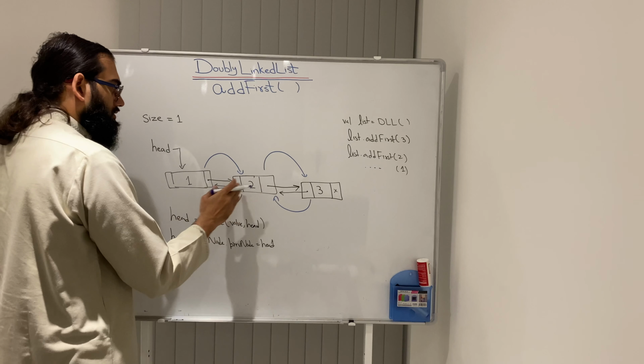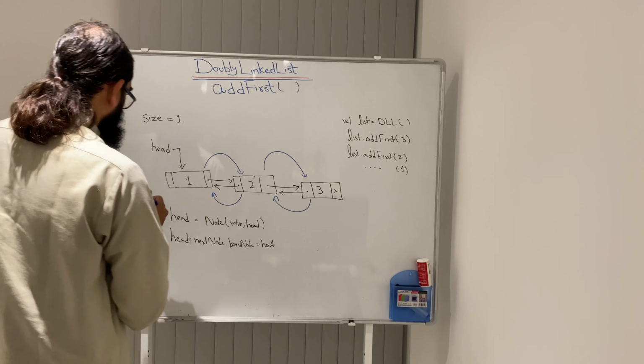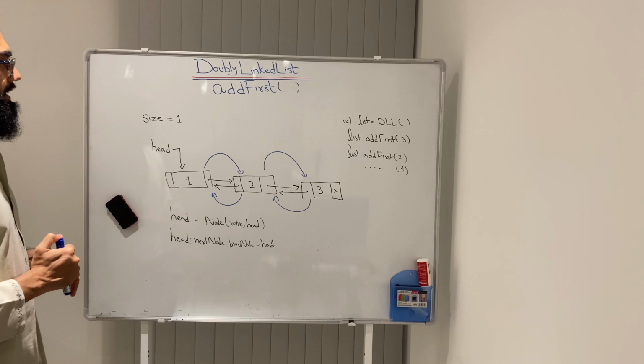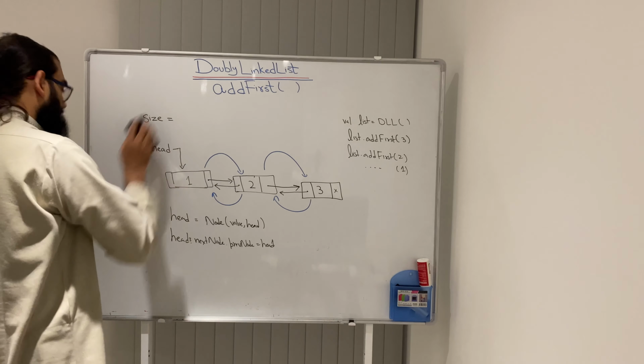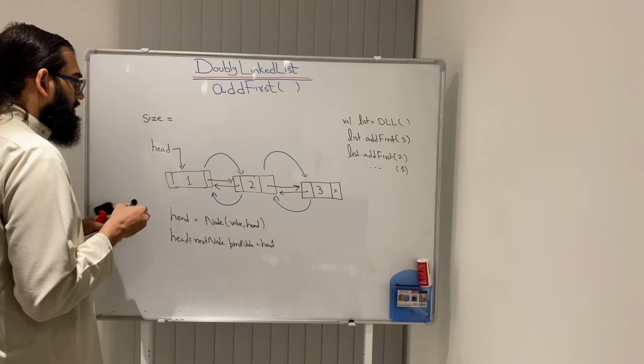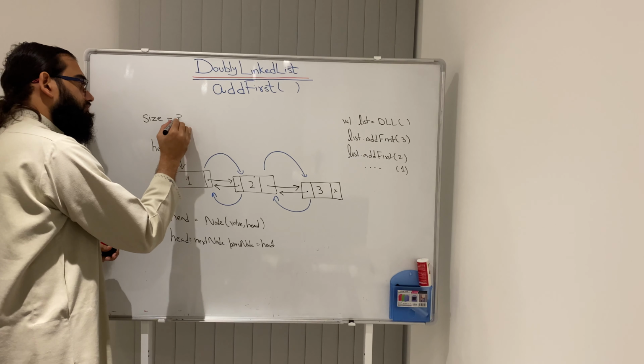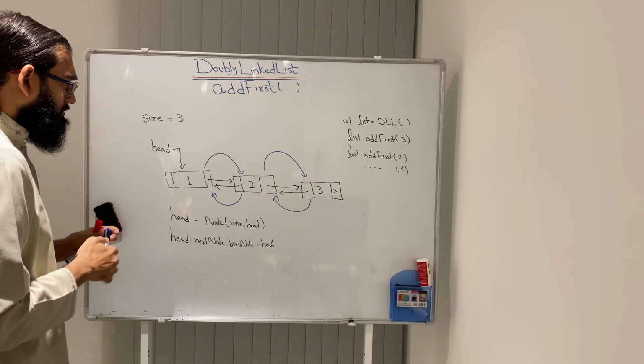So next node, previous node, next node, previous node. So that is our addFirst, and at this point we have size equal to 3.